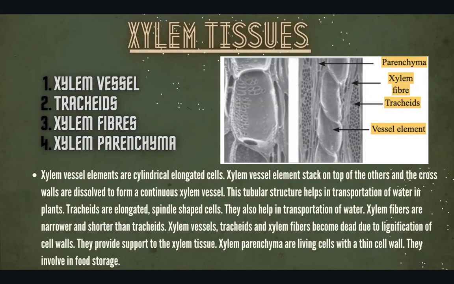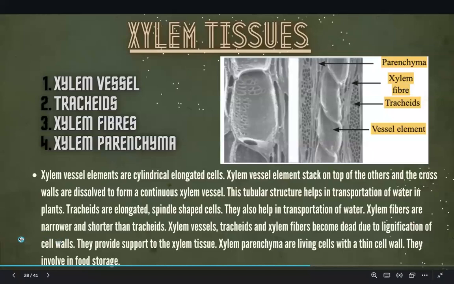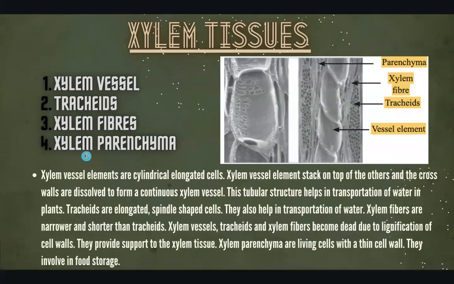Due to the lignification of the cell walls. But the last type of cell, the xylem parenchyma, is a living cell. We learned in simple permanent tissue that parenchyma is a small size living cell. So from that we can learn that xylem parenchyma is a living cell.